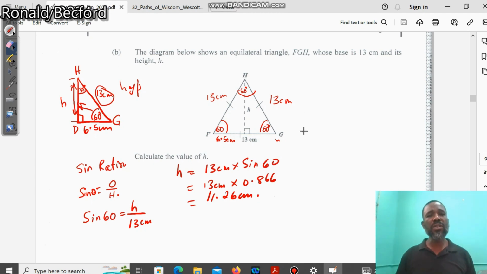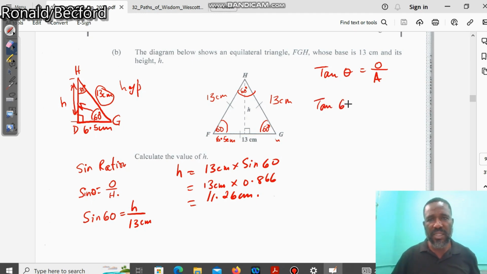We could also have used the tan ratio, that tan theta is equal to the opposite over the adjacent. So in this case, if we are using this angle here, then the opposite side would be h. So therefore, tan 60 is equal to the opposite side, which I don't know, so we call that h, over the adjacent, which is equal to 6.5 centimeters.